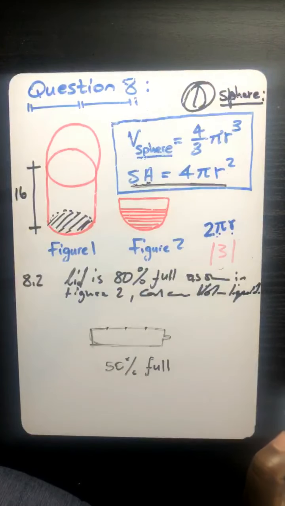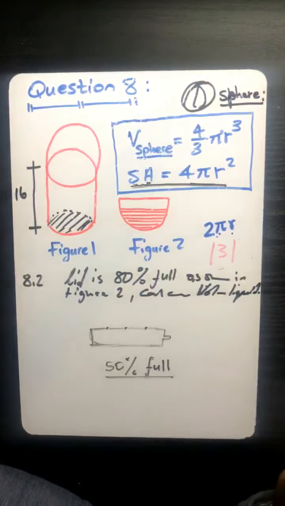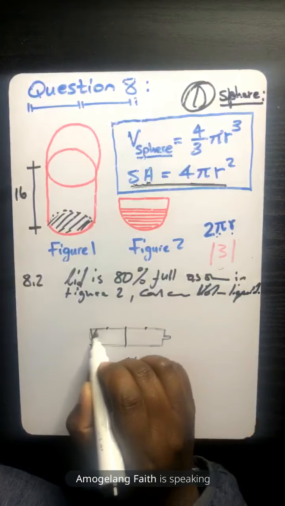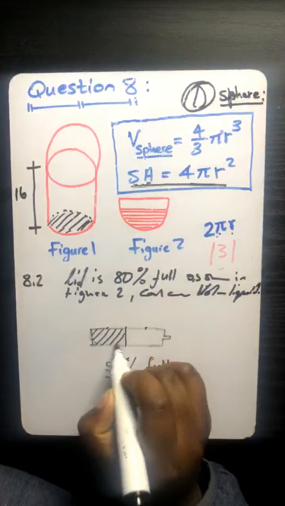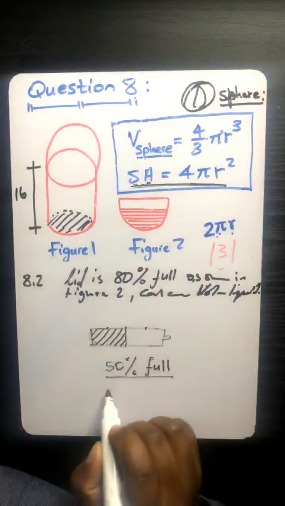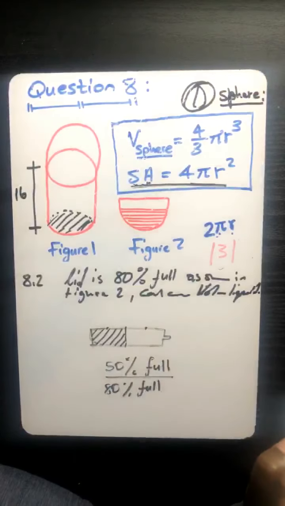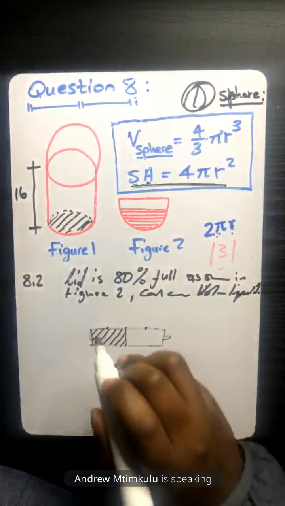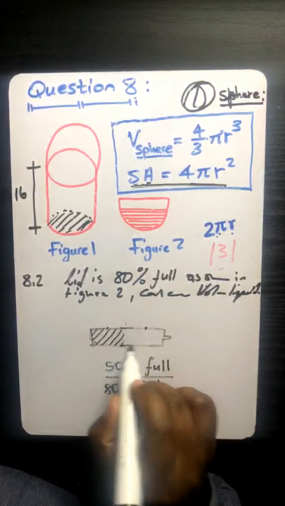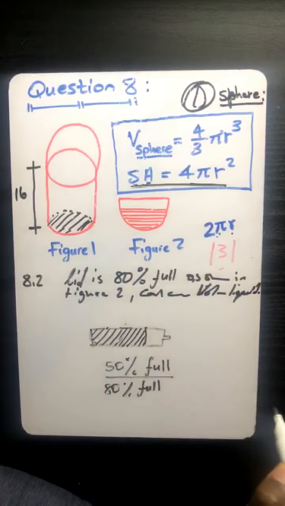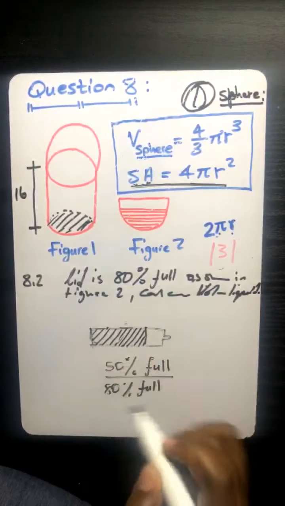At which point is it 50% full? 0.2, sir. Yes, at 0.2, it means it is 50% full. If it is 80% full, at which point? 0.3, sir. Yes. So that means at 0.3, that's when it is 80% full.